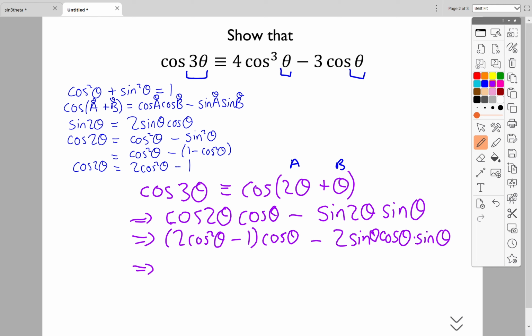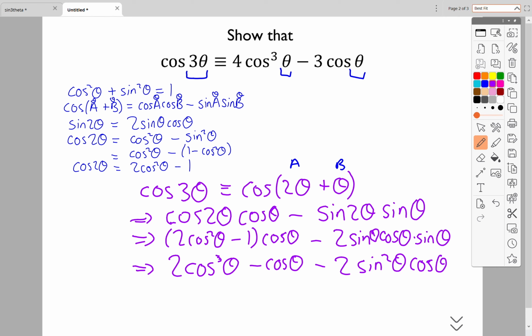Now we can multiply out some brackets, so we're going to get 2 cos cubed theta minus cos theta, and here we're going to get minus 2 sine theta times sine theta, which is sine squared theta cos theta. Now you can see here we've got a cos cubed coming through, so that's nice. So we're getting closer. The only thing is we have this 2 sine squared theta here.